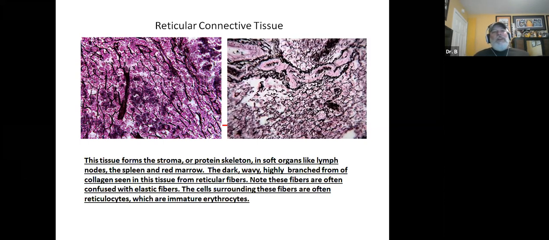We described collagen fibers as rope, since we could use them to resist tension and pulling and binding things. Reticular fibers are more like 2x4s. They build framework, just like you would use 2x4s to frame your house, to give your house structure and shape. That's the way that we see reticular fibers in reticular connective tissue.